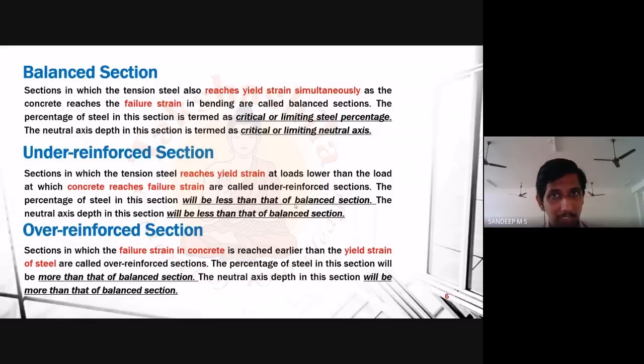In the case of an under reinforced section, the yield strain of steel will be reached first at a lower load, and only then will the yield strain of concrete come into the picture. Similarly, in an over reinforced section, the yield strain of concrete will be reached first, and only then the yield strain of steel. That is the basic criterion for classifying the section into balanced, under reinforced, and over reinforced sections. Okay, so now you understand the basic concept of this classification.